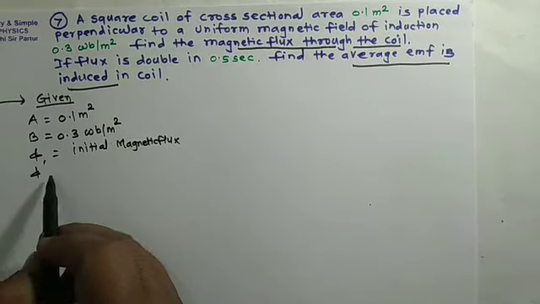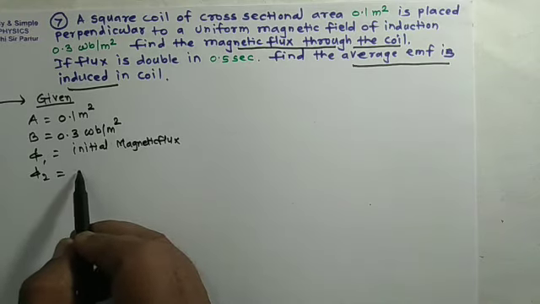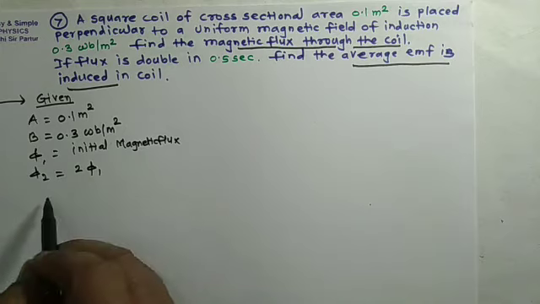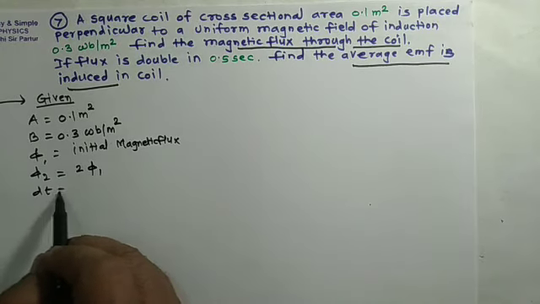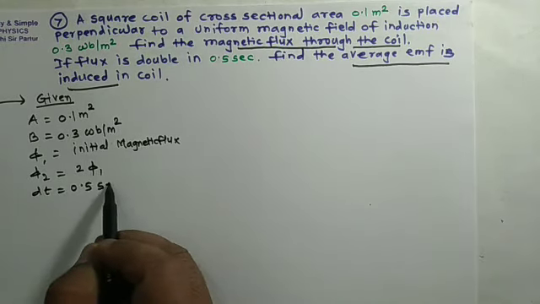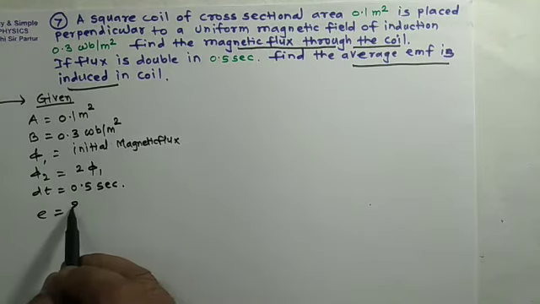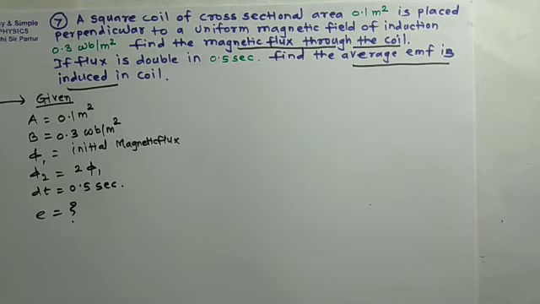We know Phi2, which will be double the Phi1, in time 0.5 second. And here we can find out the EMF which is induced in the coil.